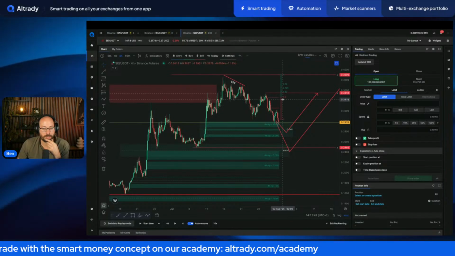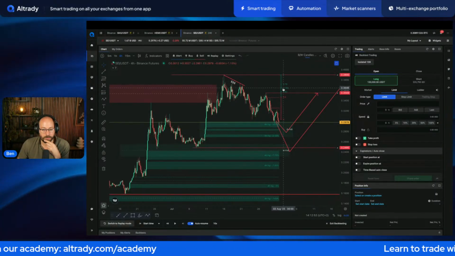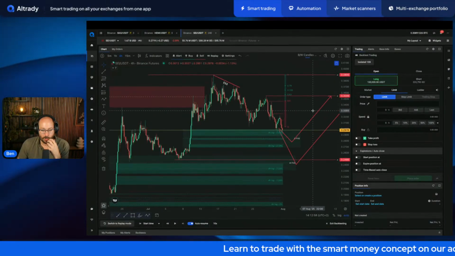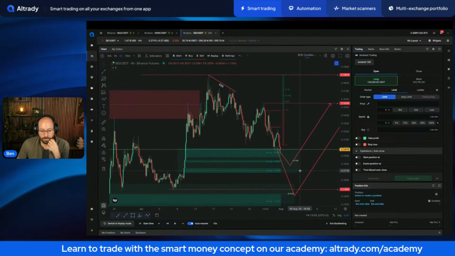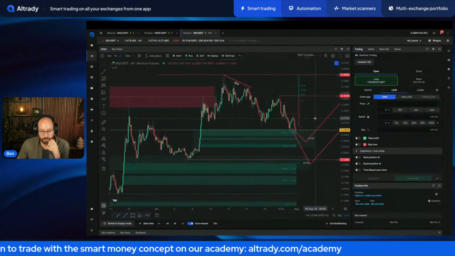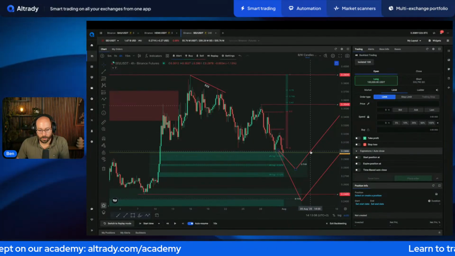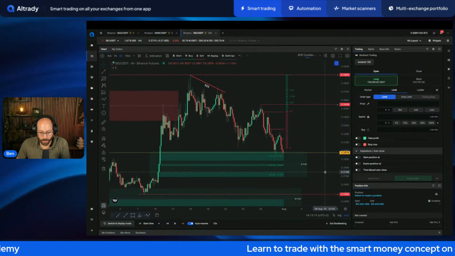The indicator says so as well, because it shows you the premium discount zone here, meaning it's set up for shorts. So maybe this fair value gap, and then going into these levels, that could be a thing. Let's just remove these because they're just going to be in the way.